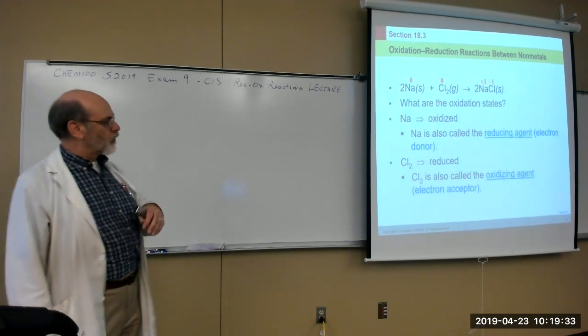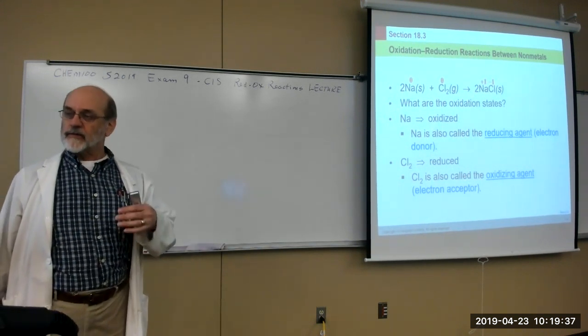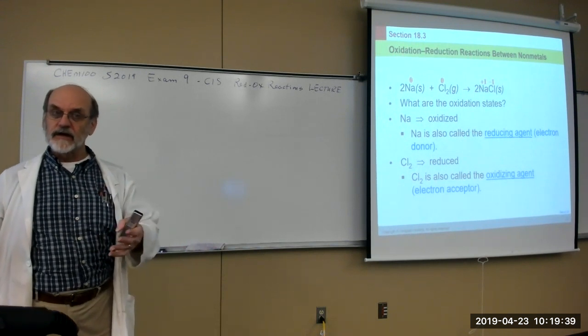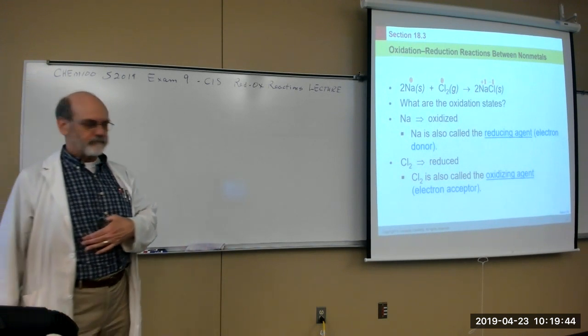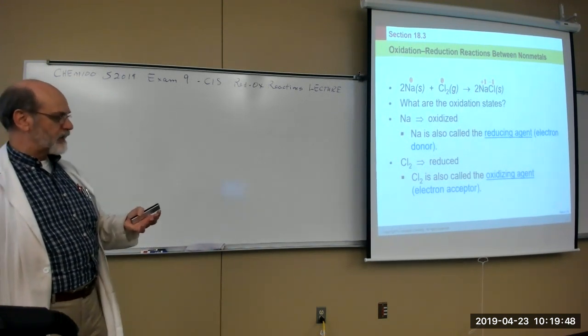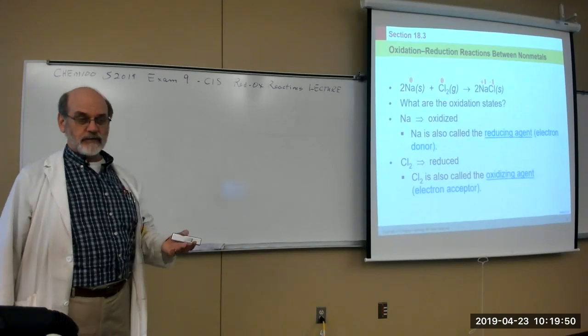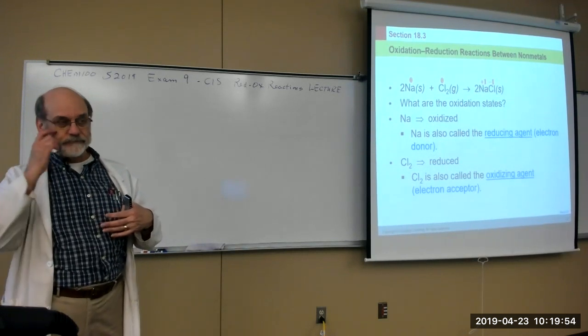It's responsible for reducing chlorine. In this case, sodium has supplied electrons to chlorine, so it can be reduced. That makes sodium the reducing agent. And vice versa, chlorine is the oxidizing agent because it is responsible for accepting electrons from sodium.